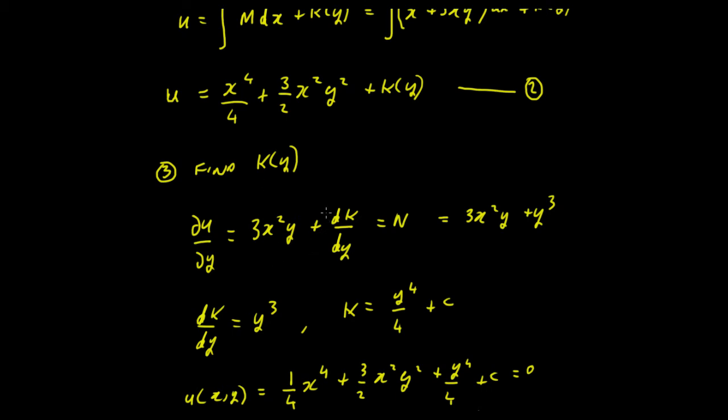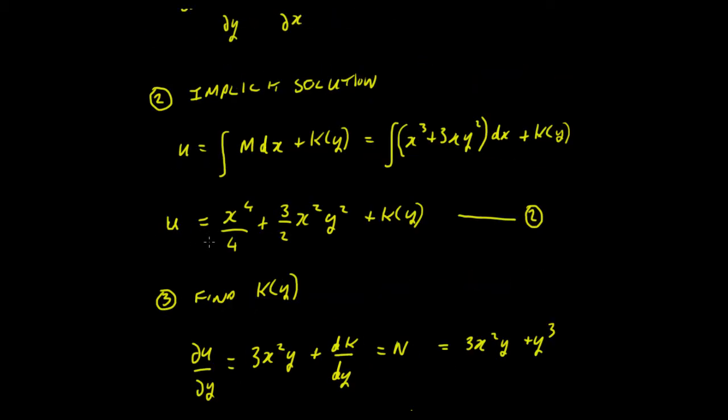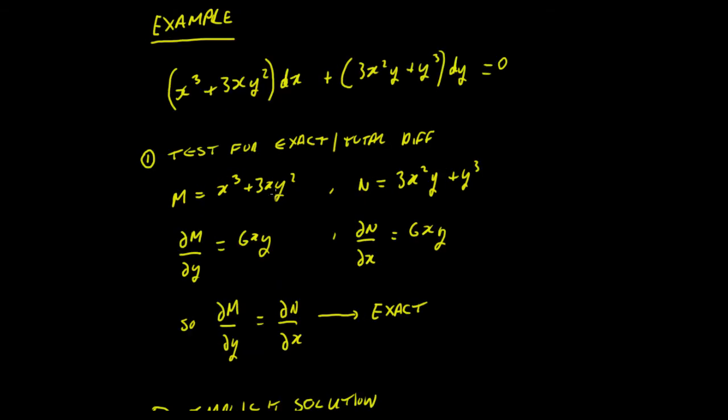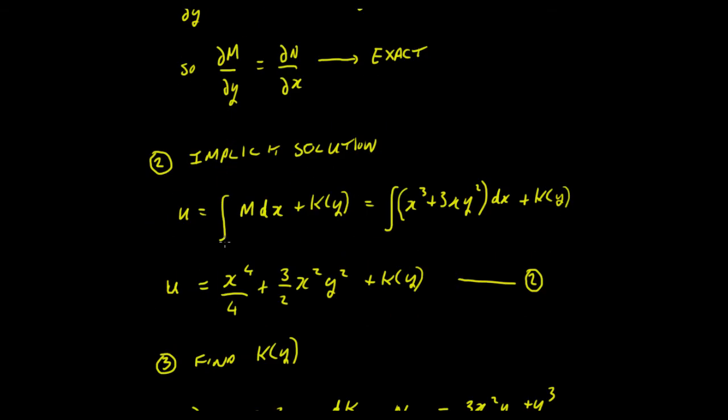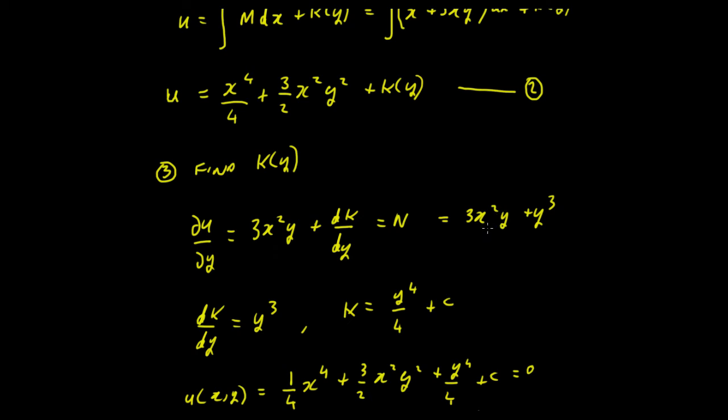So we get 3x squared y plus, when we differentiate k of y, dk by dy, and that equals our value of N. But we already know from our original equation that N equals 3x squared y plus y cubed. Now we can equate the values in each of these. So dk by dy equals y cubed, and we can integrate this and get that k equals y to the 4 upon 4 plus some constant c.